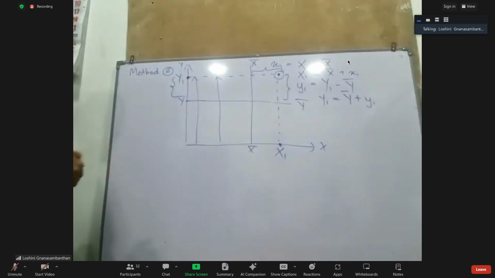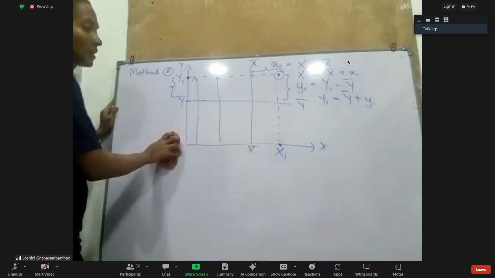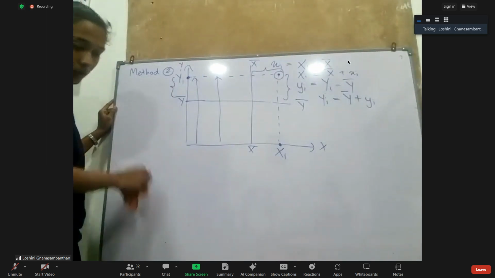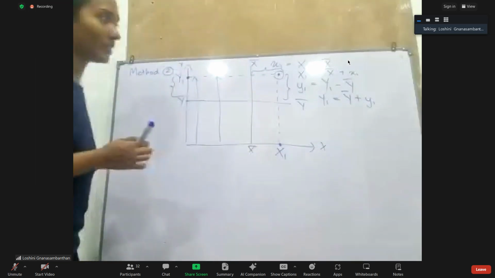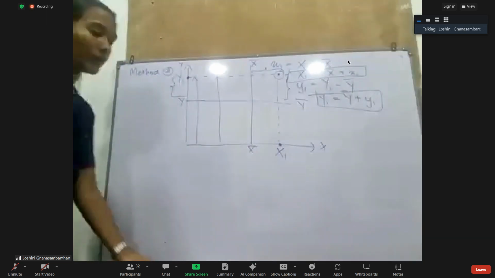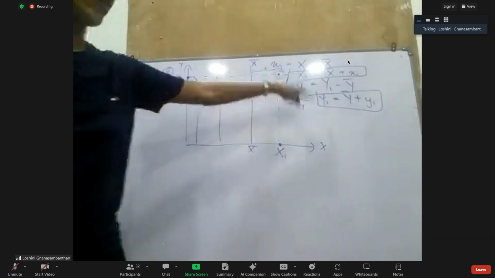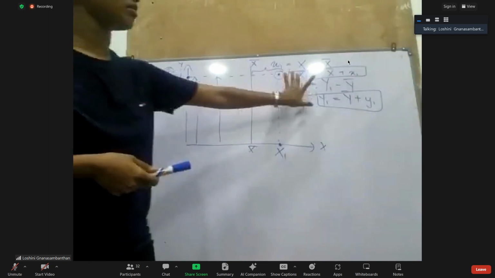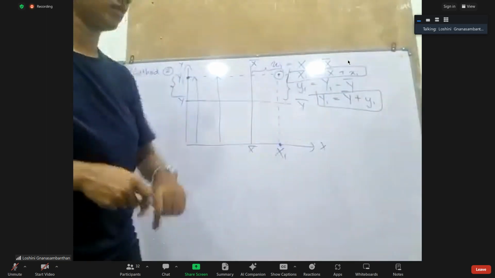Okay, so I will erase this now. I want to remind you that we are going to use these two forms for our equations, so just remember these two thoroughly.